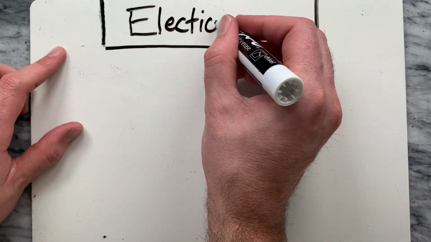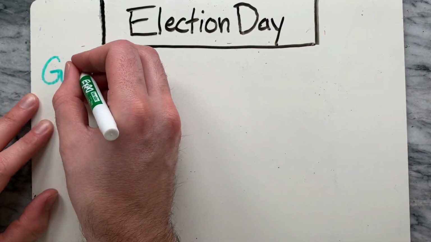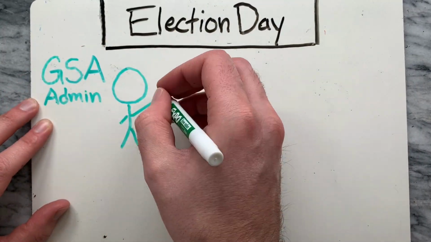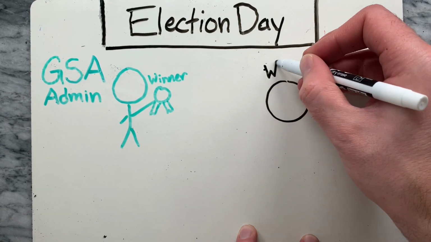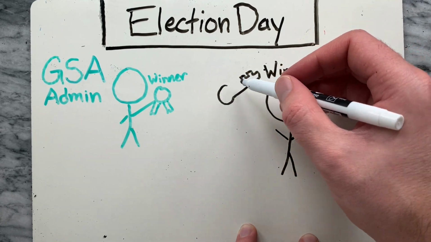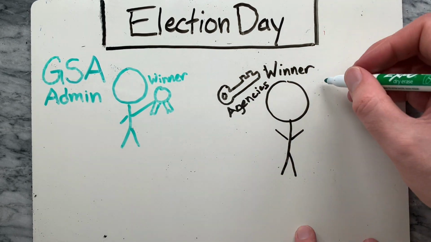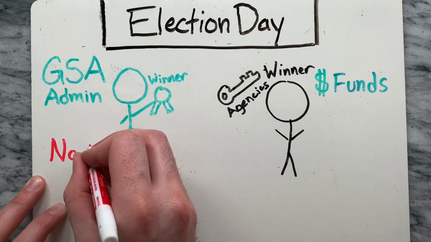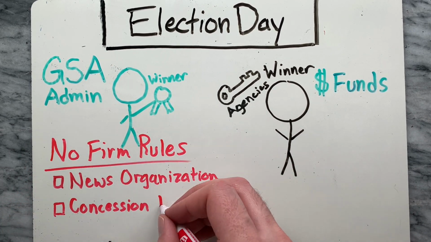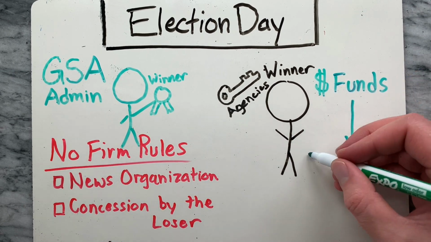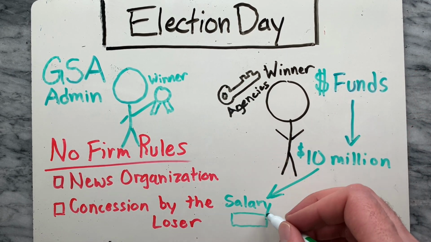Now, let's take a look at what happens on Election Day. The GSA administrator officially determines the apparent winner of a presidential election. If it is not the incumbent president, the winner can access federal agencies and transition funds. There are no firm rules on how the GSA determines the president-elect. Typically, the GSA chief might make the decision after reliable news organizations have declared the winner or following a concession by the loser.